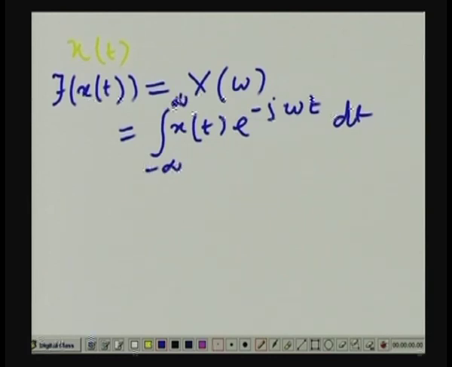So, this mathematical expression gives us the frequency components which is obtained by the Fourier transform of the signal x(t).